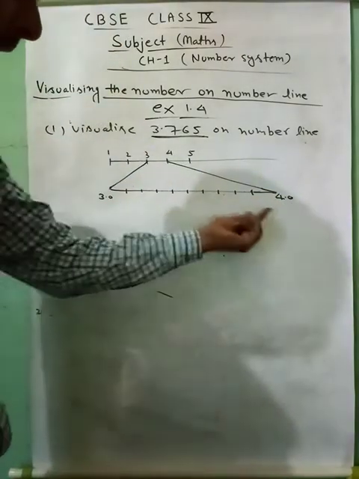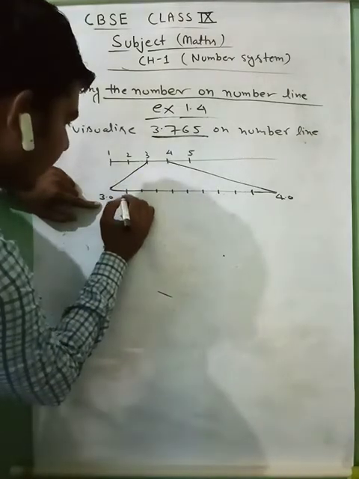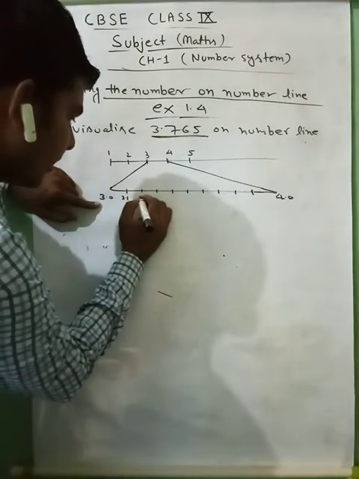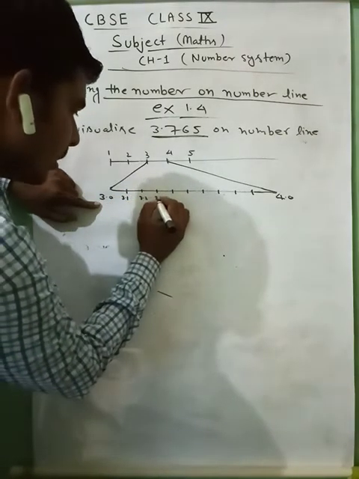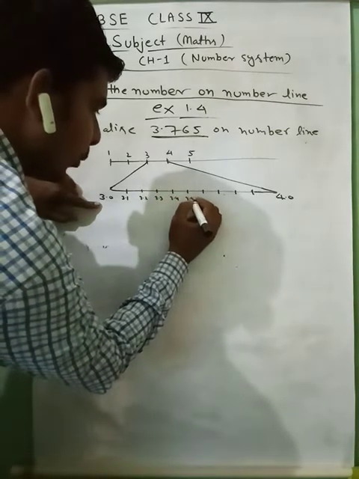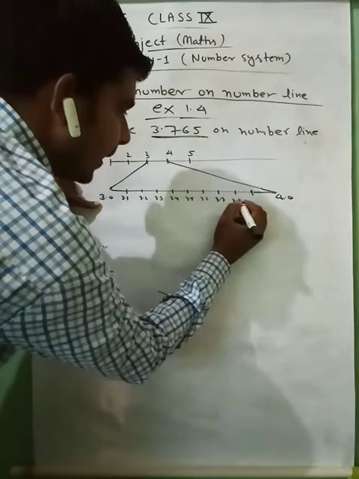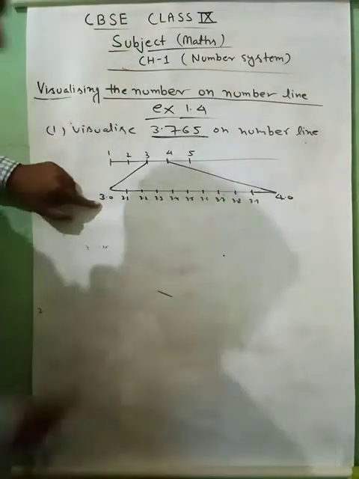We divide this distance into 9 equal parts, so it is 3.0. So it will be 3.1, 3.2, 3.3, 3.4, 3.5, 3.6, 3.7, 3.8, 3.9 and so on.